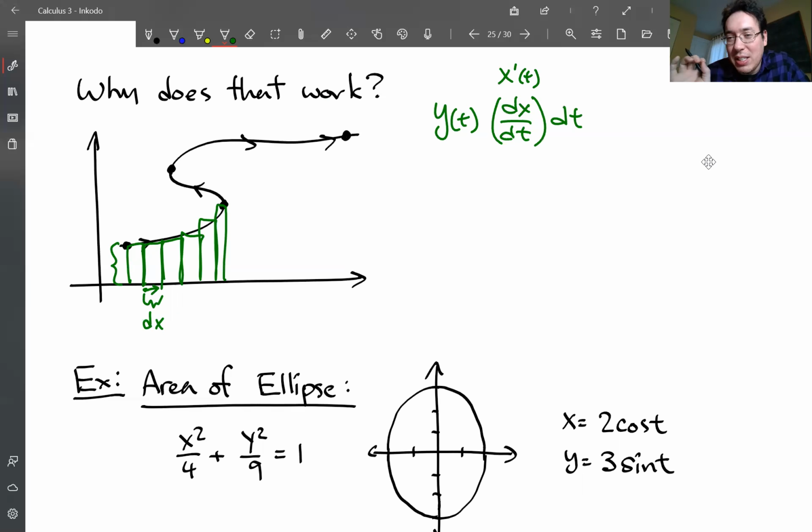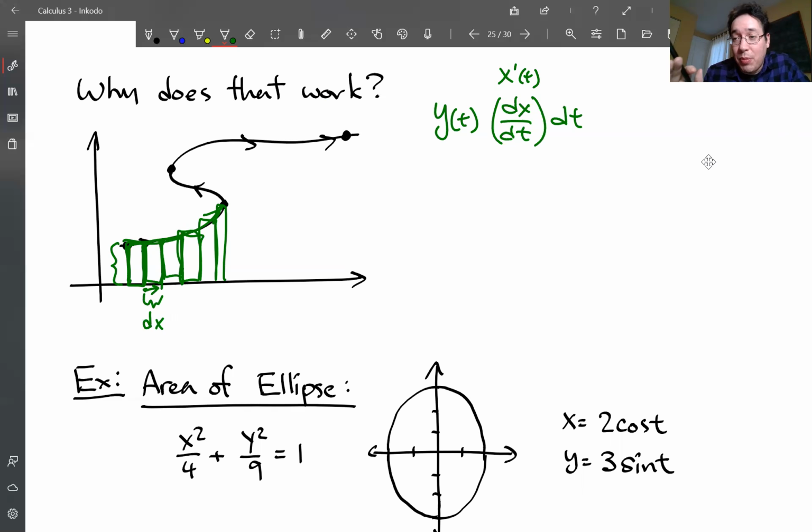And I'm thinking of dt as a small amount of time. So as you travel through here, you are multiplying the area of these infinitesimal rectangles by the given height, and how far you travel to the right gives you the thickness of the rectangle.